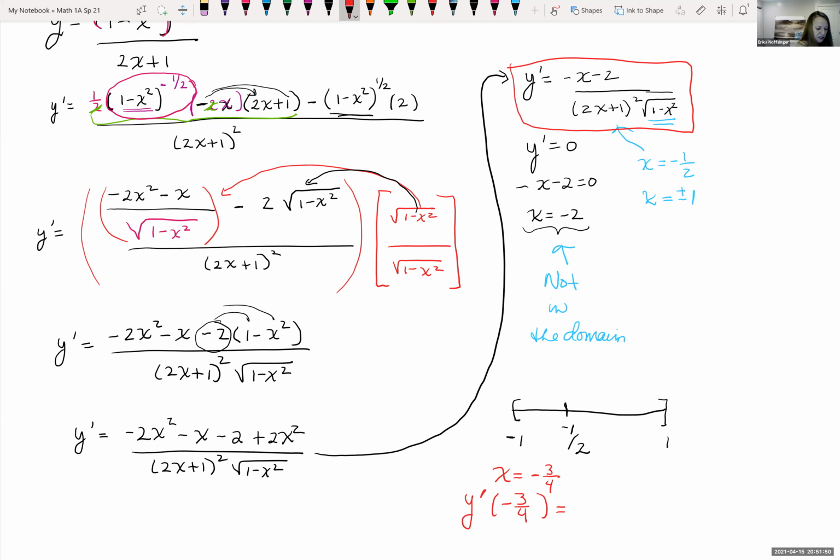If we plug that into the numerator, -x minus 2, that's going to be negative in the numerator, all over, well, if you square anything here, that's positive. And here, this is positive. So we have a negative over a positive, which is less than 0. And so that tells me it's concave down here. Not concave down, it's decreasing.